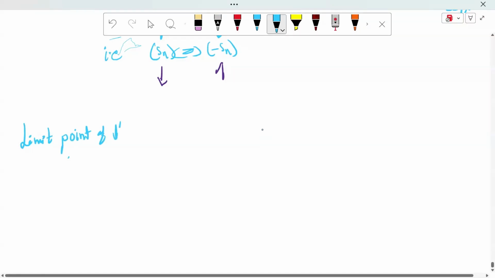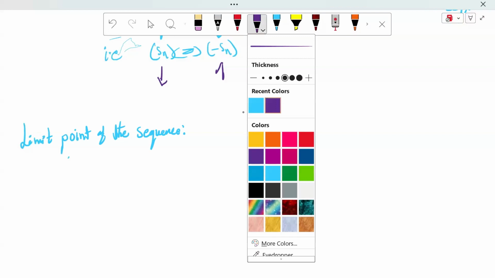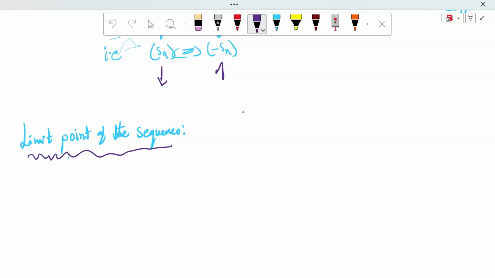The limit point of the sequence. What is the limit point of the sequence?